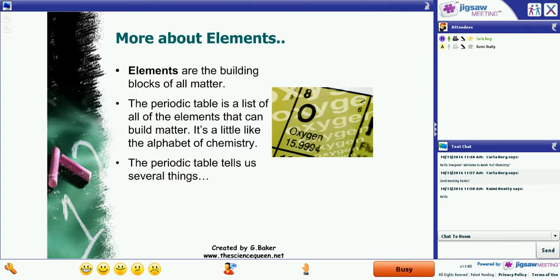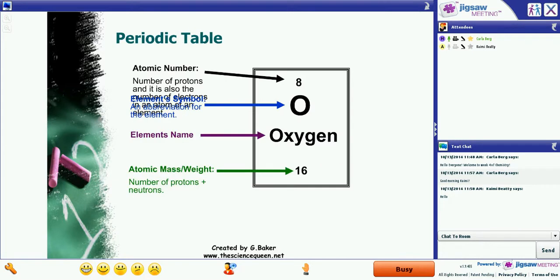All right, great job. So the periodic table can tell us a couple of things. If we look at a periodic table, which I have and we're going to put up in a couple of minutes, this number on the top is the atomic number. That's the number of protons.